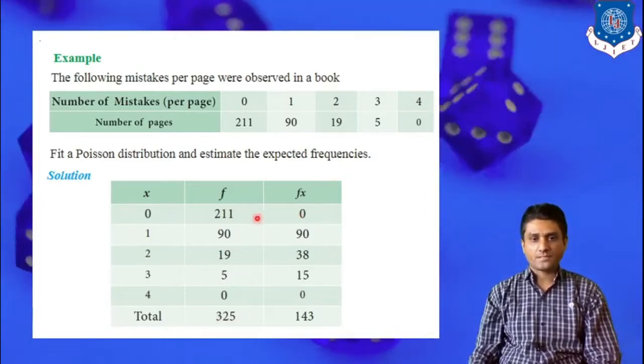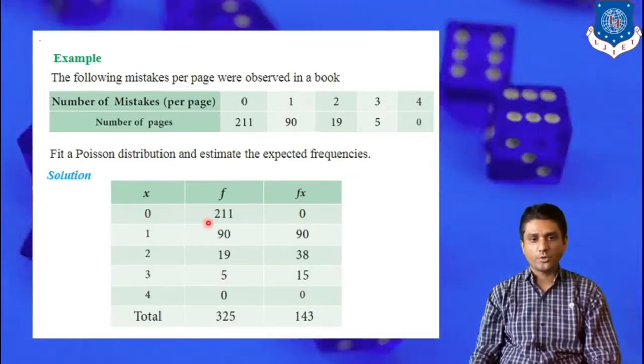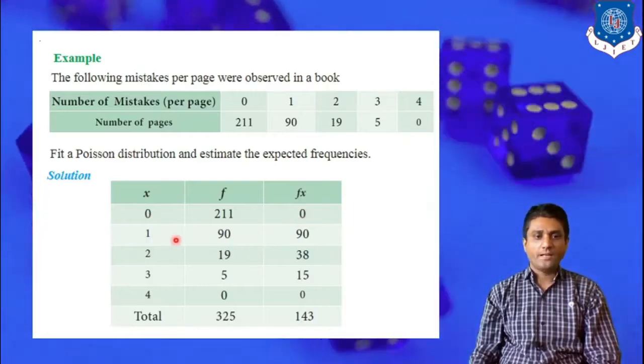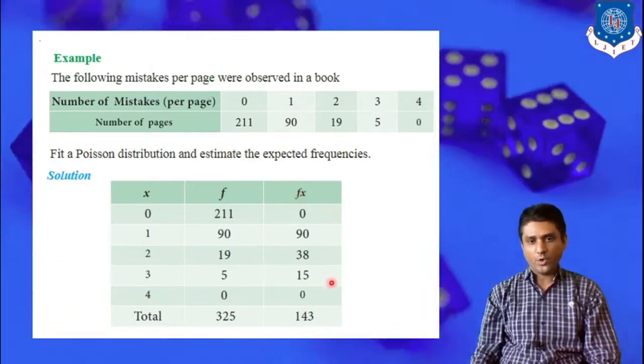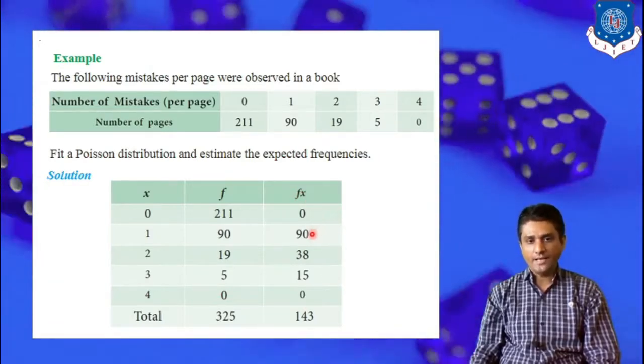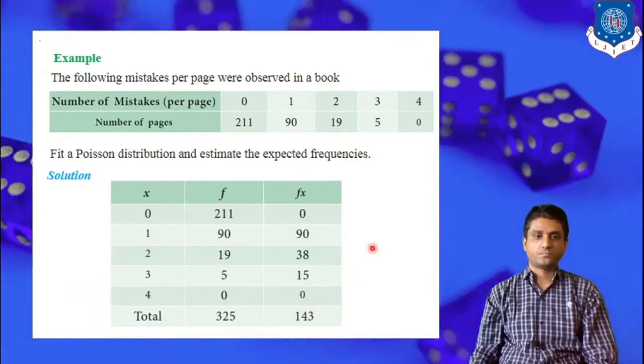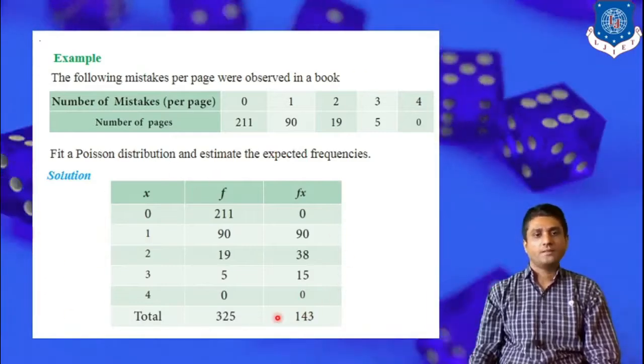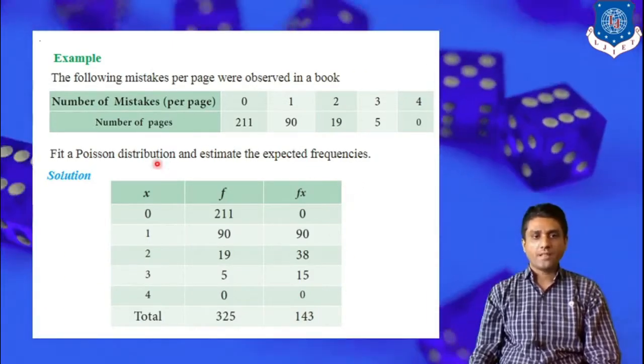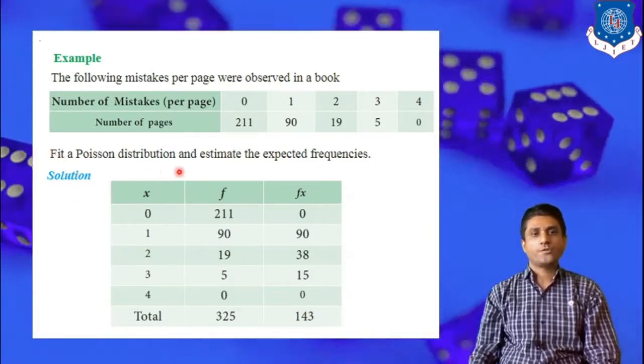Now fx: 0 into 211 is 0, 90 into 1 is 90, and so on, 4 into 0 is 0. The sum of this column, 0 plus 90 plus 38 plus 15 plus 0, leads to 143. So we have the basic information required to fit the Poisson distribution.